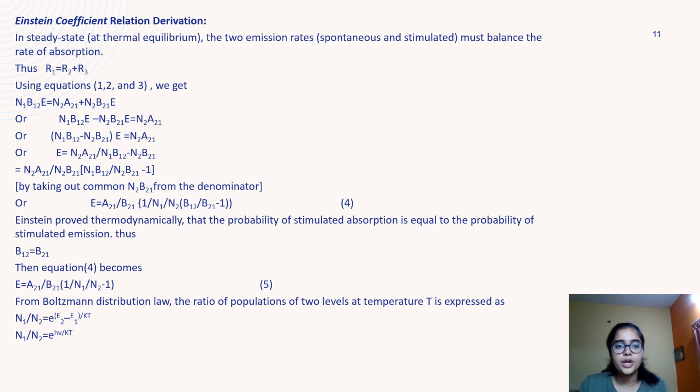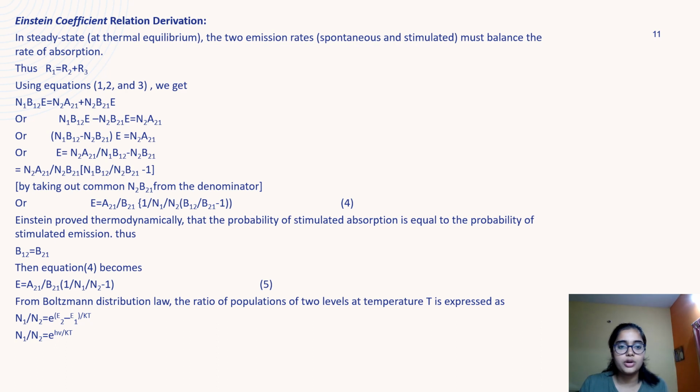By taking N2B21 common out of the denominator, we get E is equal to A21 by B21 into 1 by (N1 by N2 into B12 by B21 minus 1).